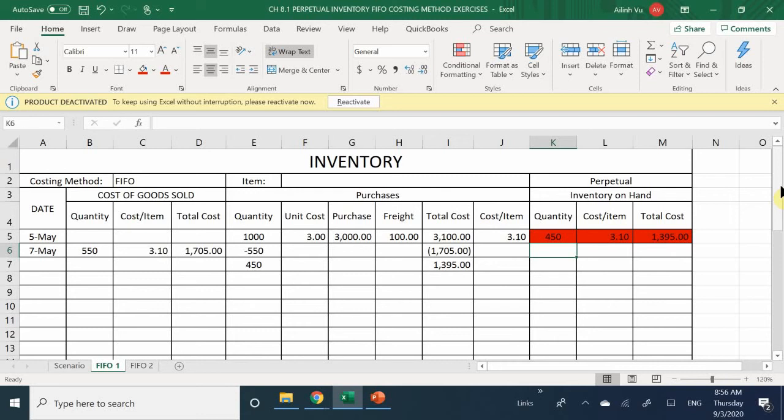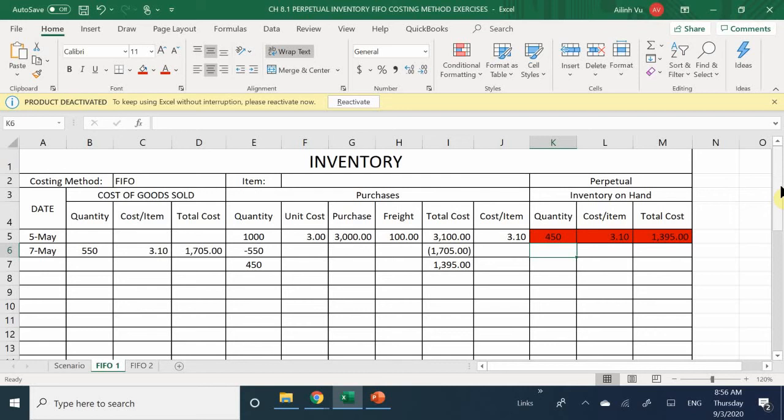Okay, and I'm only doing this for this week so then we can kind of get ourselves used to it. But once we gradually understand how the flow of this transaction is actually working, like transferring it from cost of goods sold into our inventory on hand, then you don't need to have your calculation here. It's unnecessary.